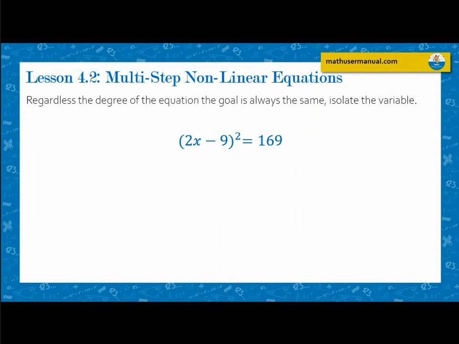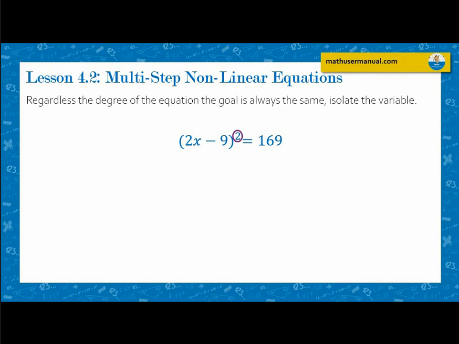This one seems a bit harder because the x is inside of the parenthesis. The 2x minus 9, including the x, is inside of the parenthesis. And on the outside, we have an exponent, which means we first have to take care of that exponent. We first have to move that exponent to the other side in order to delete the parenthesis, and solve for the x inside of the parenthesis.